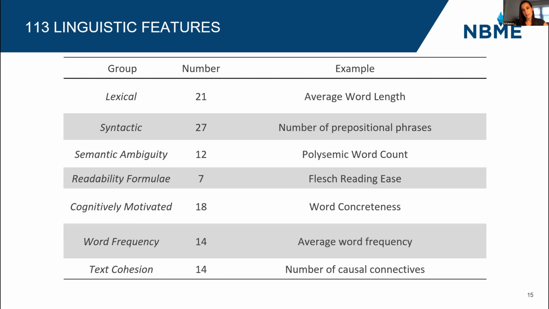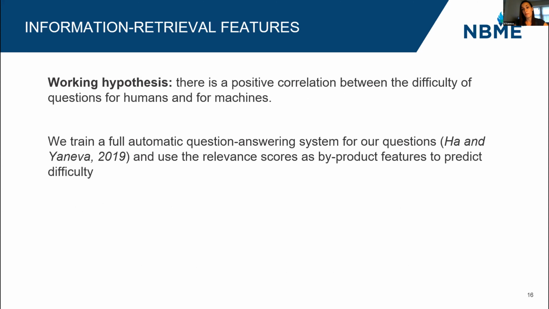Moving on to the next category of features, we call them information retrieval features. A little bit of background about this is that in a completely separate project, we worked on training an automated question answering system applied to solving the USMLE questions. And make no mistake, we're still very far from solving the exam automatically. It's a very challenging task.